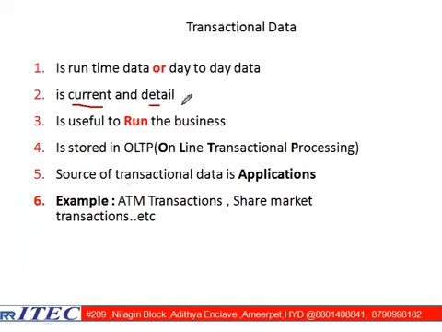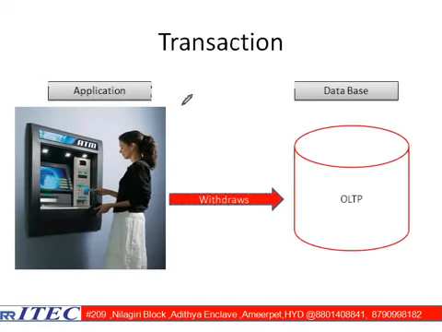Next is detailed data. What do you mean by detail? Whenever she is inserting her ATM card, my ATM machine is going to read, based on the ATM card barcode, what is the customer number, what is the customer name, how much balance she has, and what she is typing on the screen. Is it more or is it less?